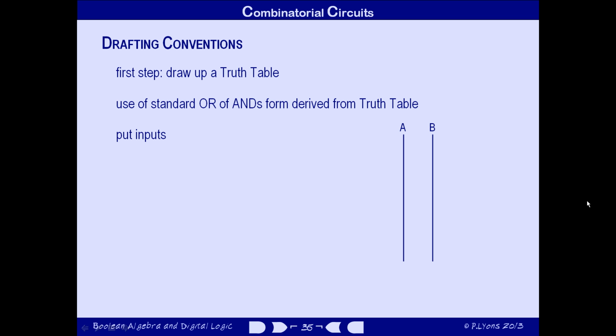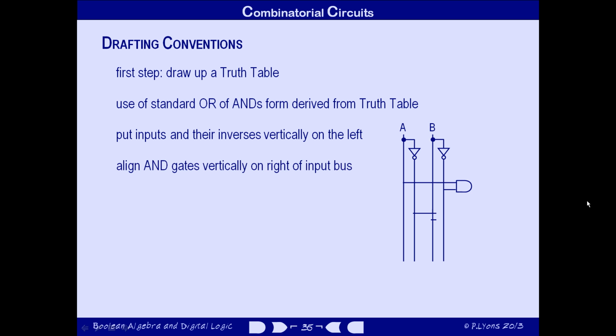So we start by running wires carrying input signals down the left-hand side of the diagram. Then, because Boolean expressions often involve the inverses of inputs, we add an inverter to each input and treat the inverted inputs as inputs as well. That's to say, we draw extra wires down the left-hand side of the diagram carrying the inverted inputs.